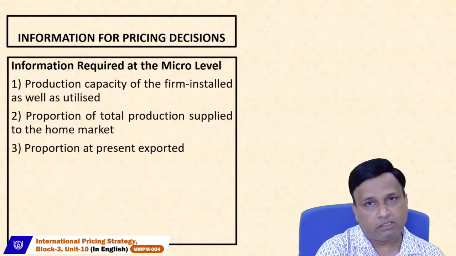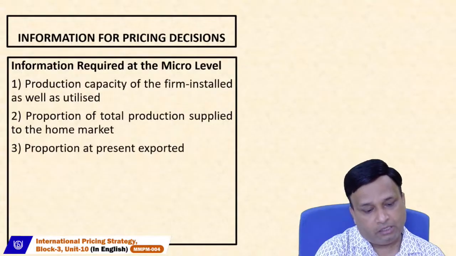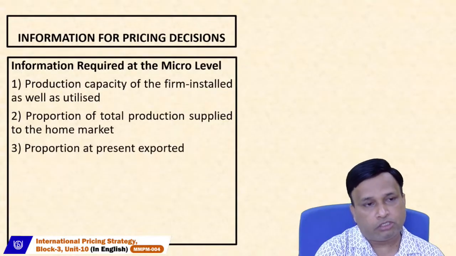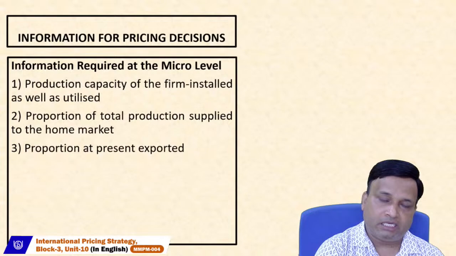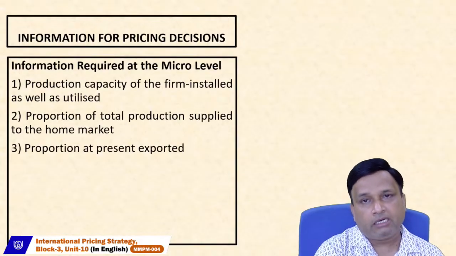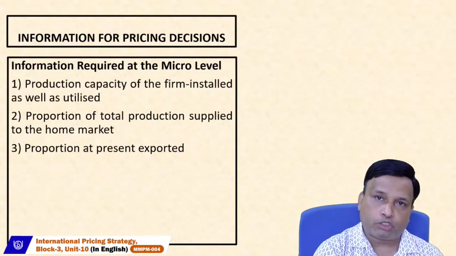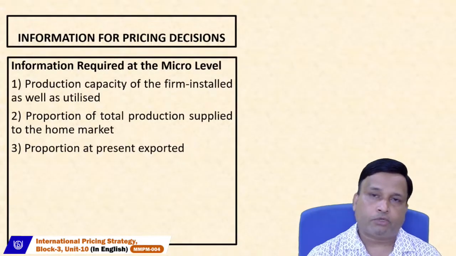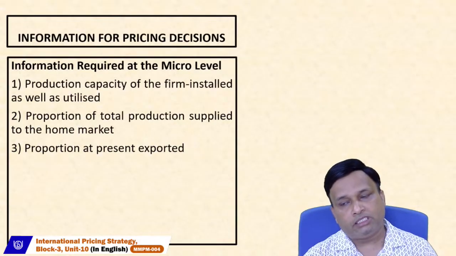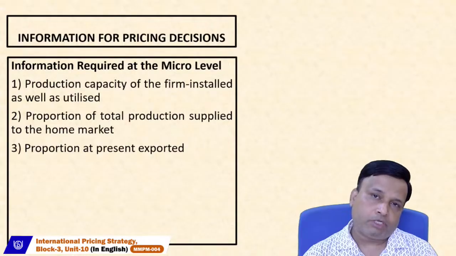What information? Production capacity of the firm, installed as well as utilized. If you do not utilize your production capacity fully, then what will happen? Take the case of how P&G entered the Indian market. When Godrej started their production unit, they saw it was underutilized, so they wanted a partner.